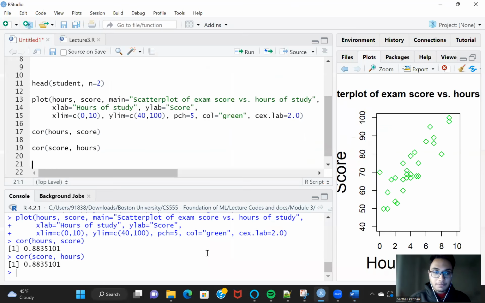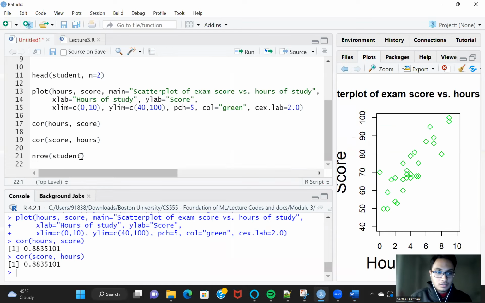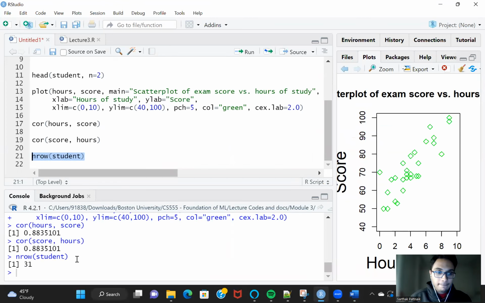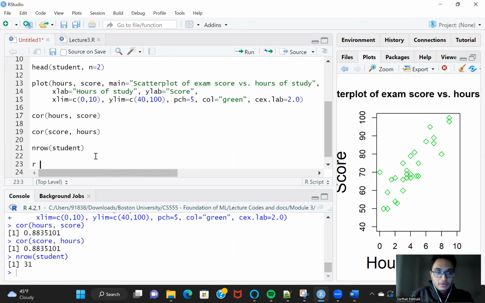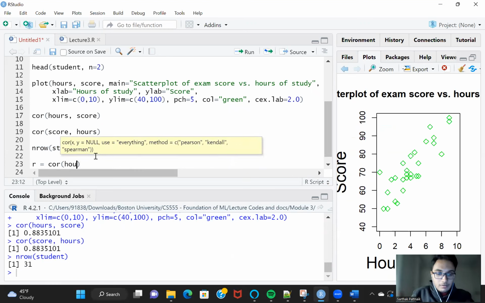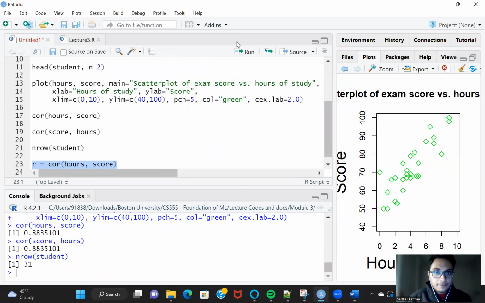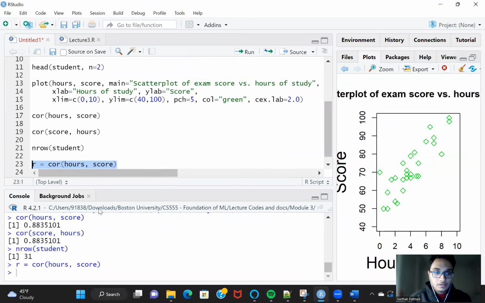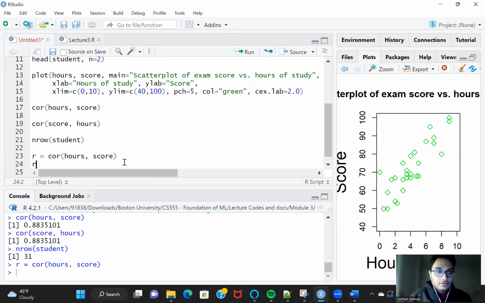Now coming to my example, for the student dataset, if I do an nrow of student, I have 31 rows. My r value is my correlation value between hours and score. What is my r value?